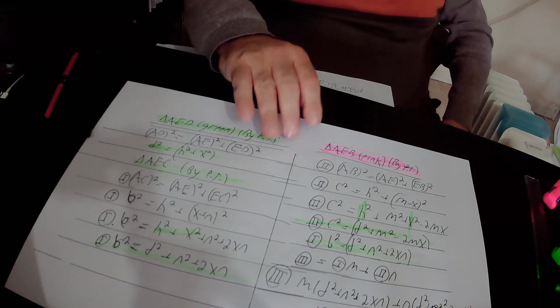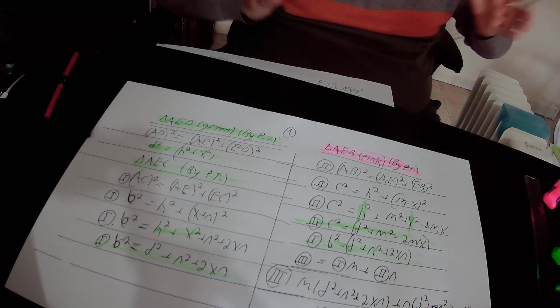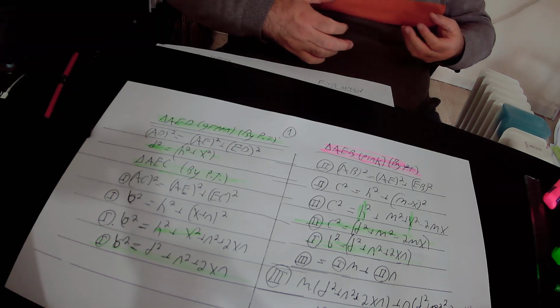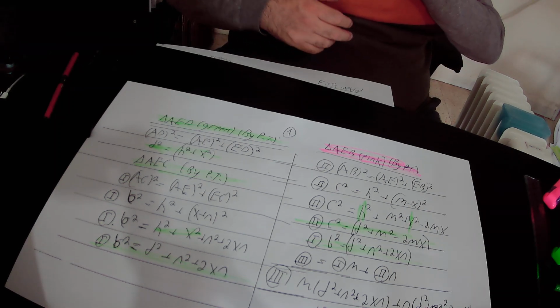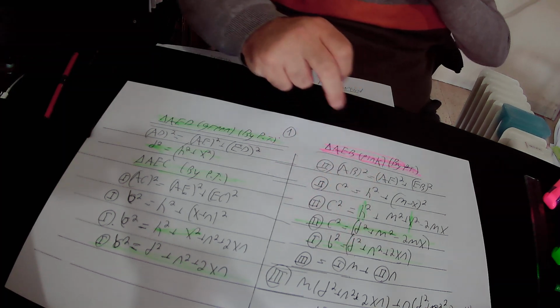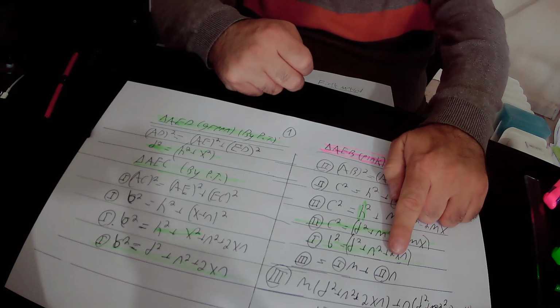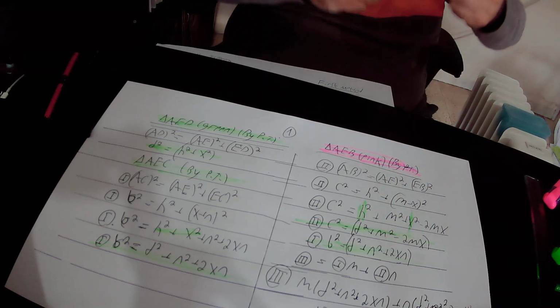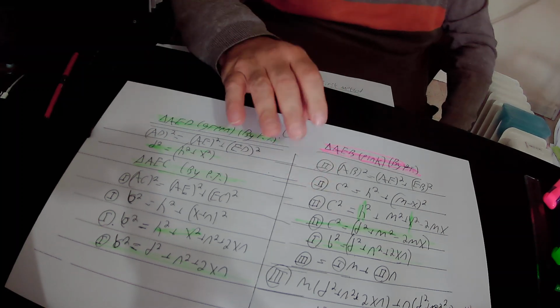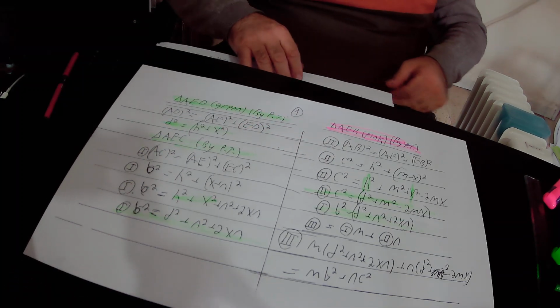In the next step, we created equation number 3. Equation number 3 was created by multiplying equation number 1 by M, then multiplying equation number 2 by N, and then adding the two equations with each other. Okay, so we'll do it in 2 steps.